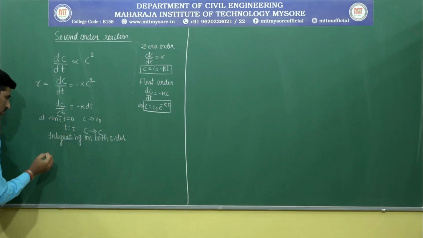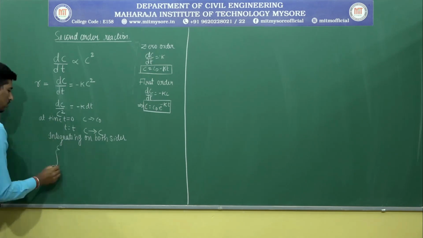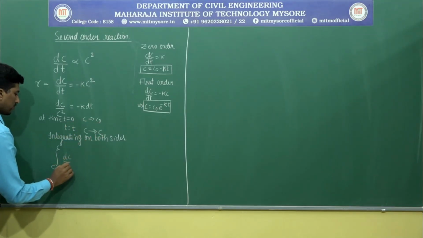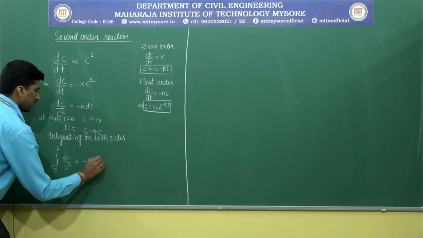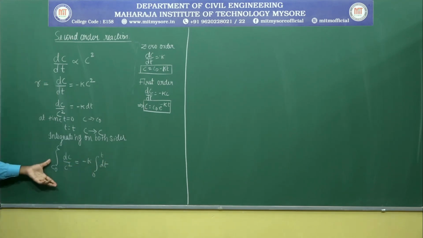What happens? Integral from c naught to c of dc by c square is equal to minus k into integral from 0 to t of dt.